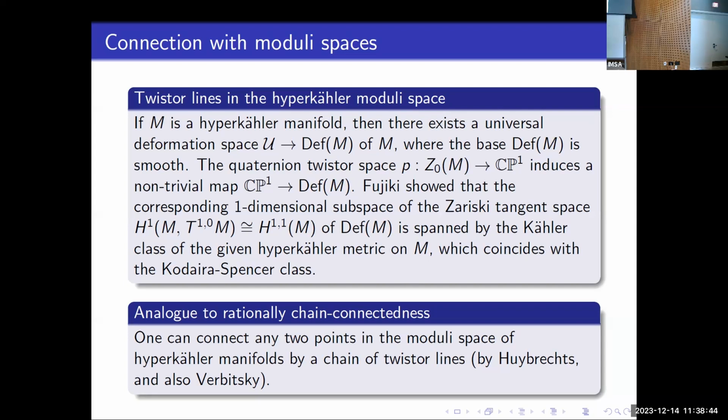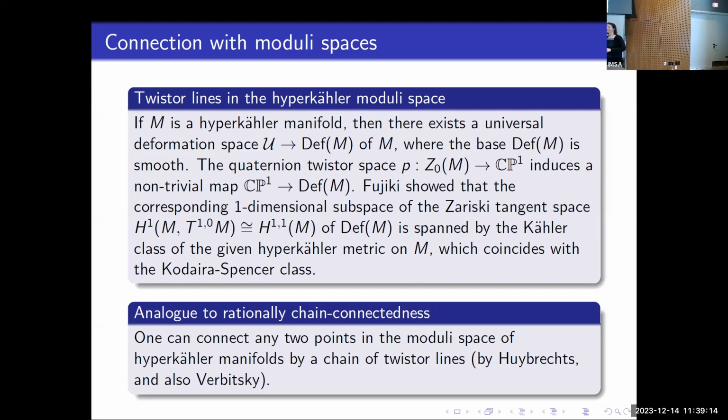So then, once you have this fibration structure where the fibers are hyperkähler manifolds, then the base CP1 gets mapped to this moduli space of hyperkähler manifolds. And so, if you consider the moduli space, you have all these twistor lines lying in there.